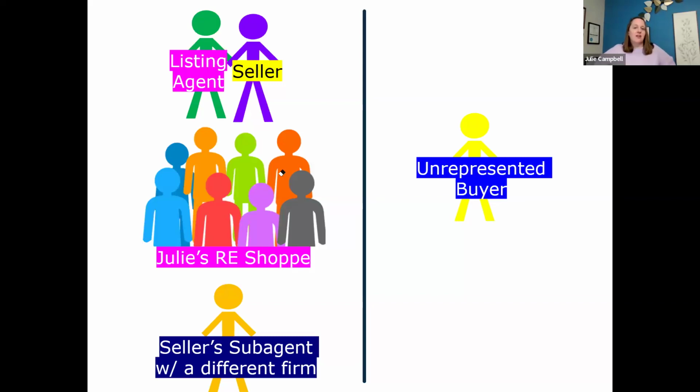Nobody has hired the seller subagent in this scenario. They're allowing you to hang out over here with them. Let me back up for a second. You guys remember, I guess last week, we talked about that transactional broker. Remember, in order for us to be involved, somebody's got to be hired.